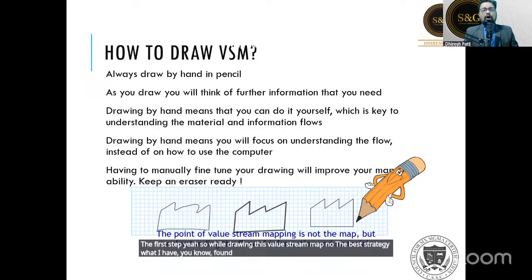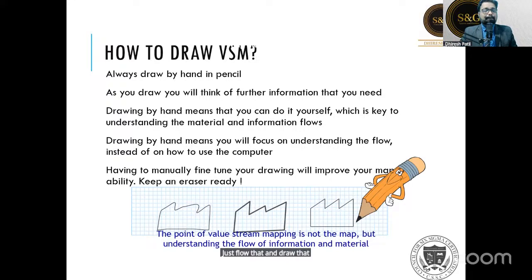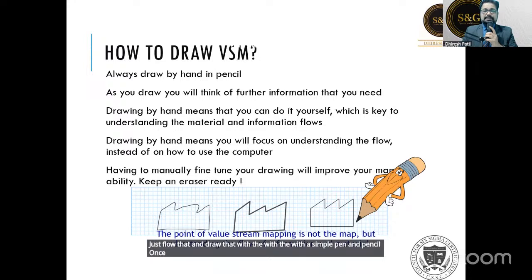is always make it very simple and draw it by hand. Just take a pen and paper and go along right from the customer order till the delivery to the customer. Just flow that and draw that with a simple pen and pencil. Once you do this, first, that will clarify a lot of points where the handoffs are happening.